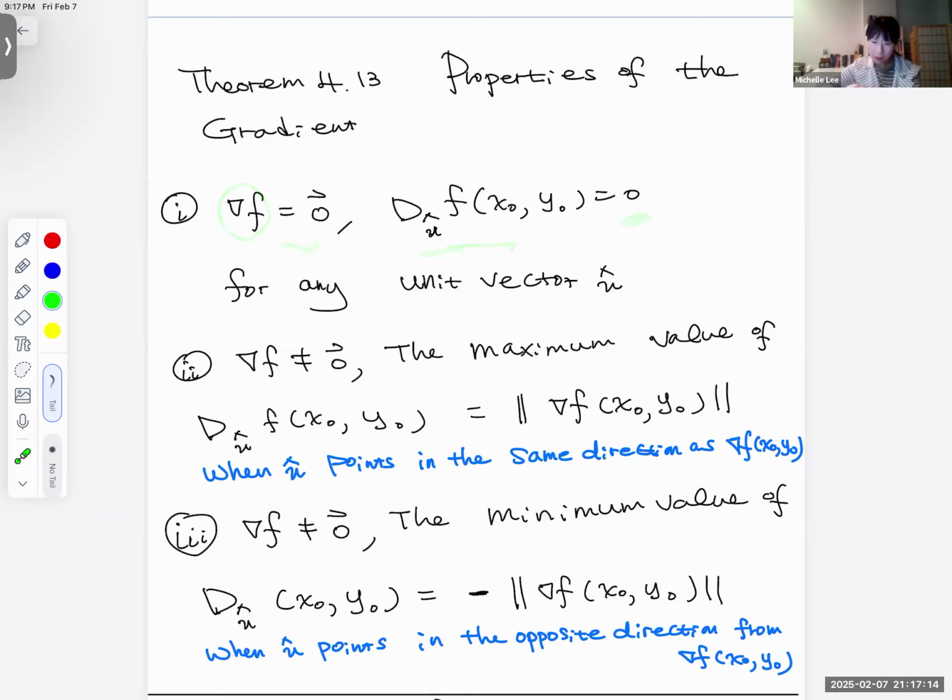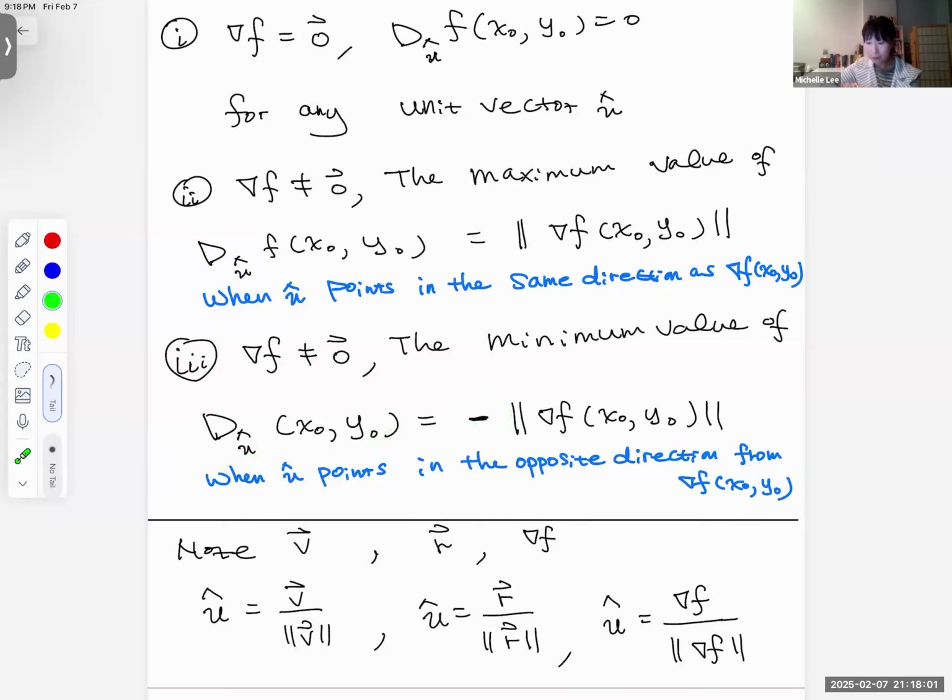If the gradient is not equal to the 0 vector, the maximum value of the directional derivative is the magnitude of the gradient, when the unit vector points in the same direction as the gradient. And the minimum value is negative the magnitude of the gradient, when the unit vector points in the opposite direction from the gradient.